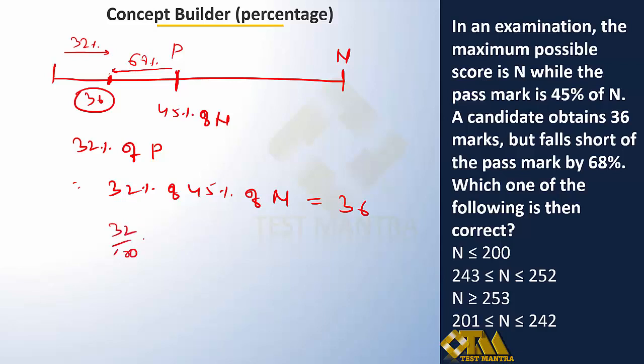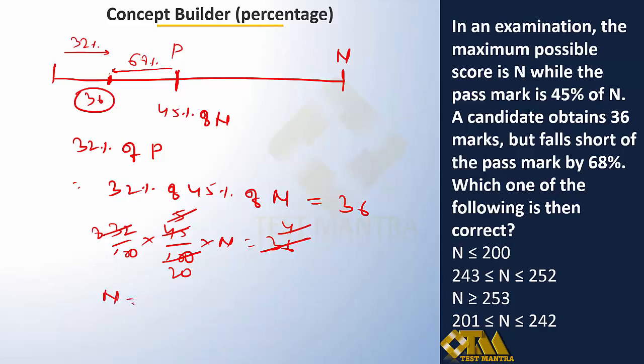32 by 100 into 45 by 100 into n is supposed to be 36, right? So I'll just work on this. 4 times, 5 times, 8 times, and this is 20, right?